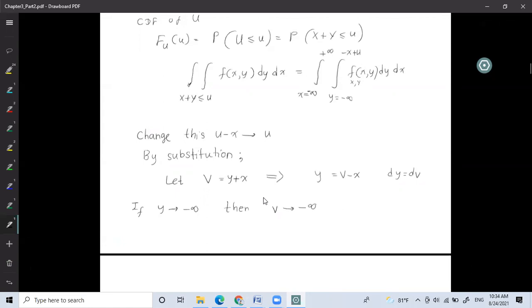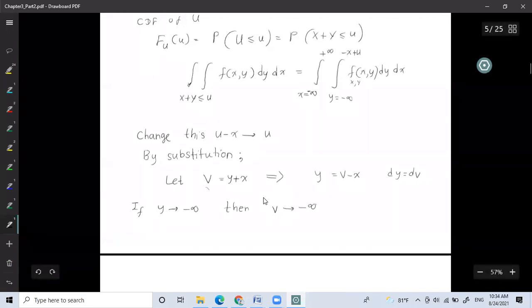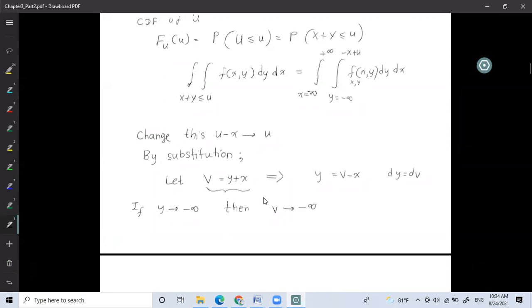When you set y to negative infinity, that is a very large number. If you add a value x, it's not going to change. It will remain at negative infinity because infinity is a very, very huge number compared to any value of x. Think of x as just a number that you add to infinity, so it is doing nothing. So v will also go to negative infinity.